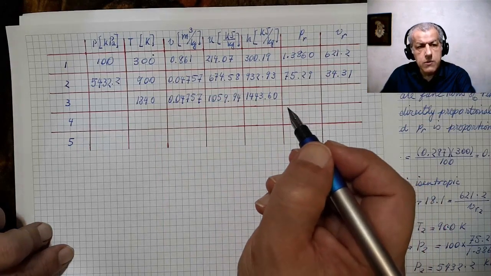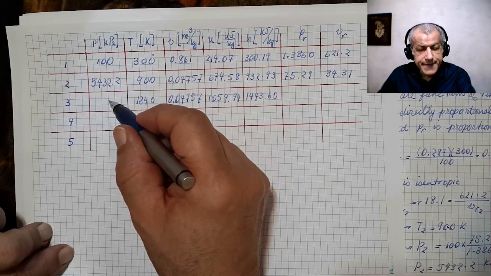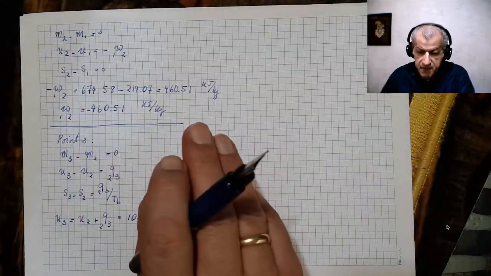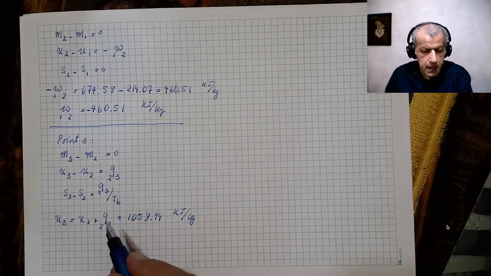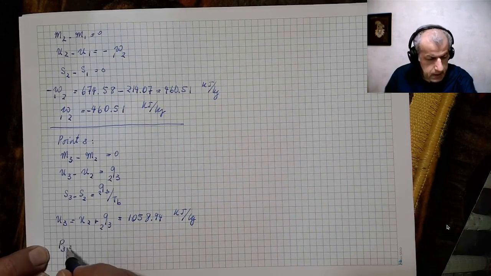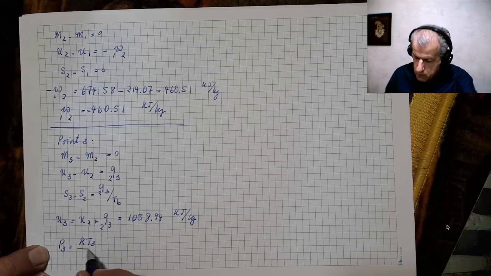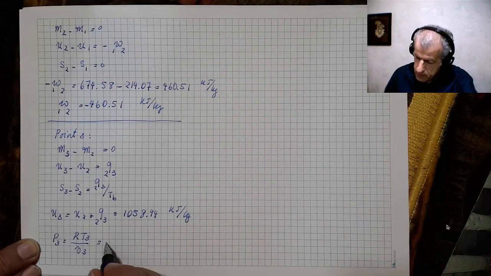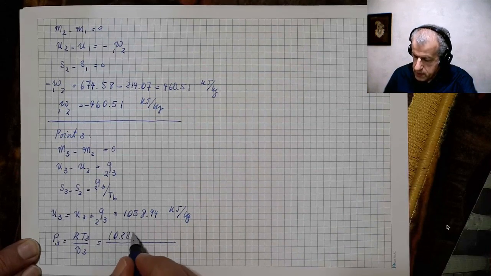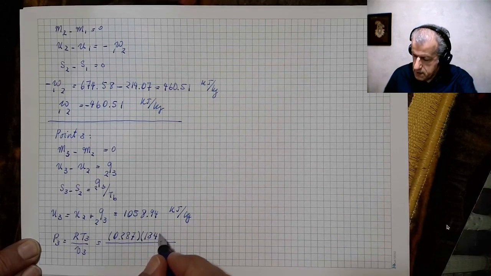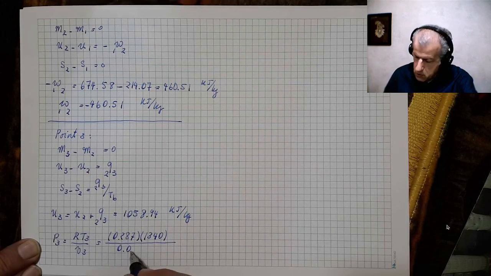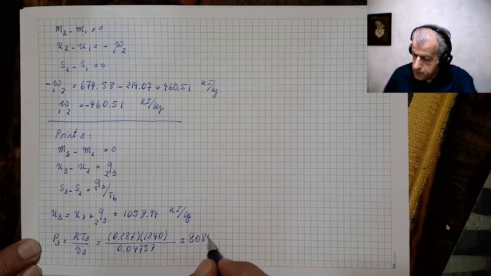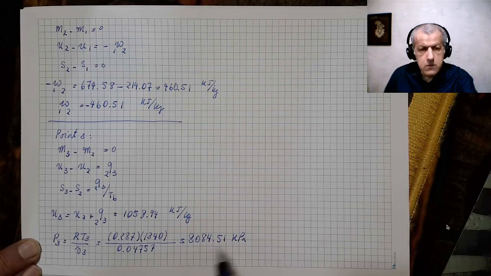The only unknown left for us is pressure, and the pressure at point 3 would be, since it is a perfect gas, P3 equals RT3 over V3, and that is 0.287 times 1340 divided by 0.04757, and the outcome is 84.51 kilopascal.